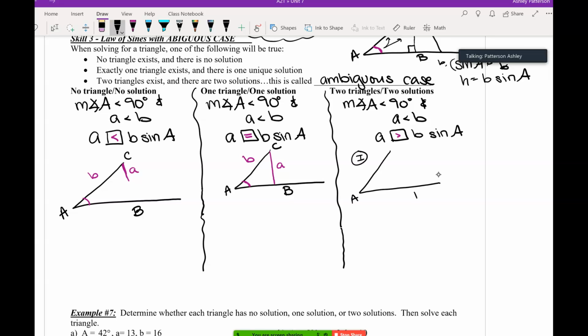still A, B, C, still given angle A, still given little b. If I'm greater than the height, I can't go straight up and down because I'm longer than what that length would be. So I could create a triangle where I am a little bit to the right of where the height would be.